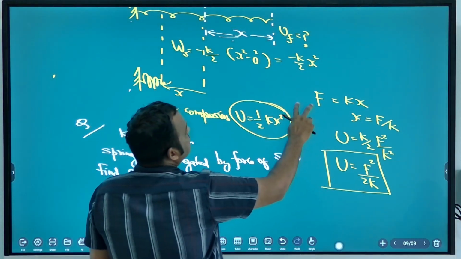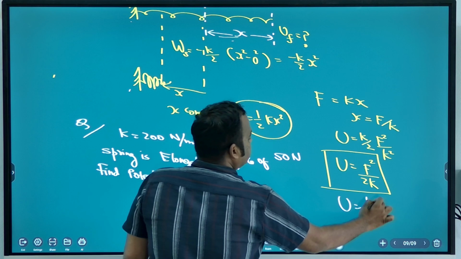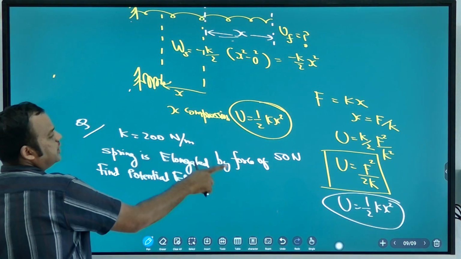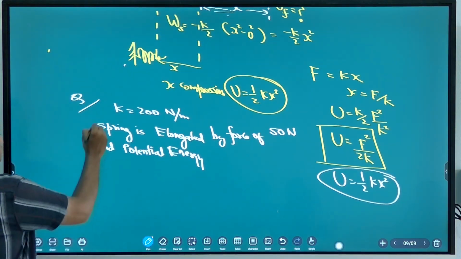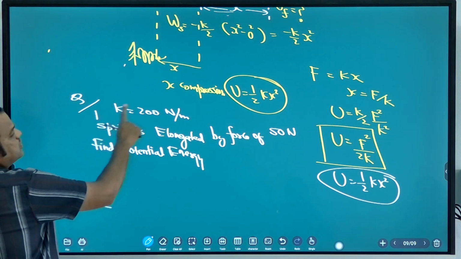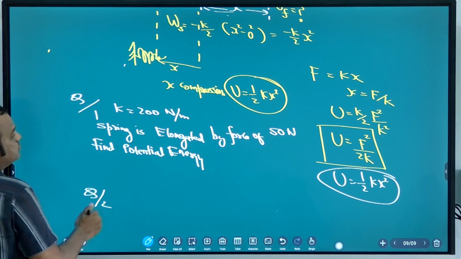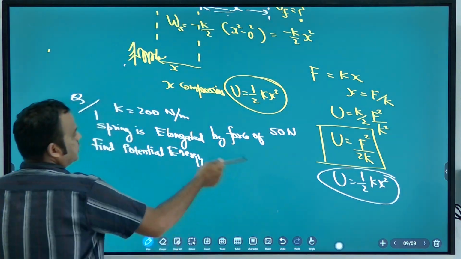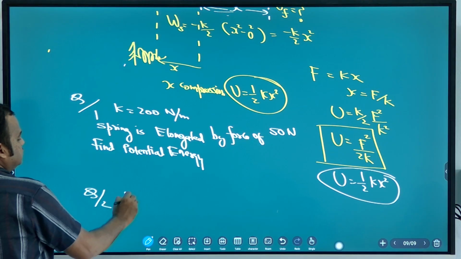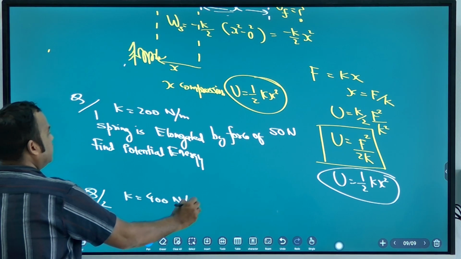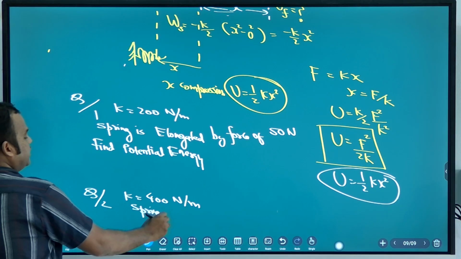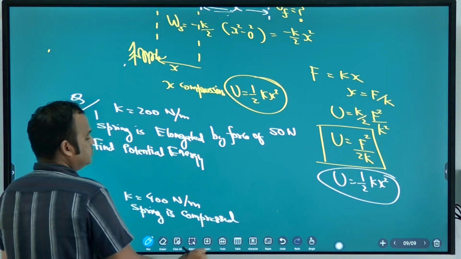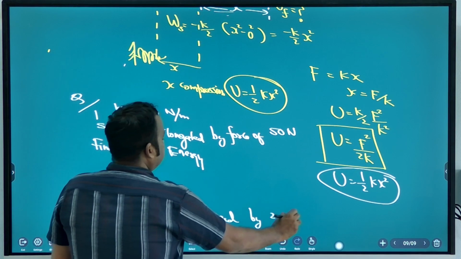Which formula will you use: half kx square or F square by 2k? In this question, what is given? X or F? F is given. So use this formula. Okay, solve. And second question: K is equal to 400 Newton per meter. The spring is compressed by 20 centimeter.